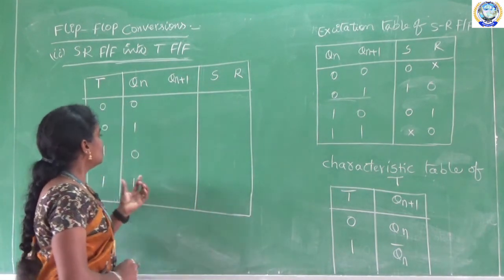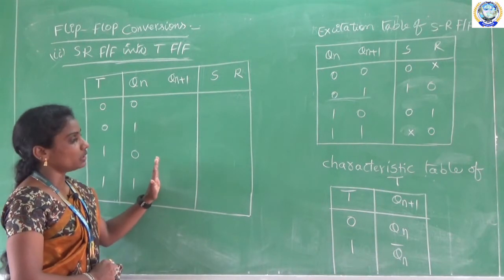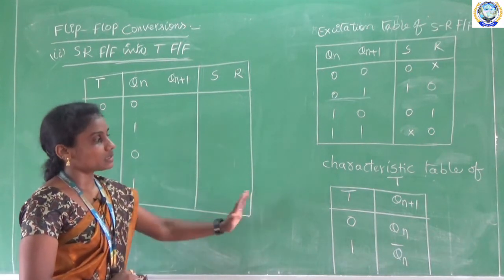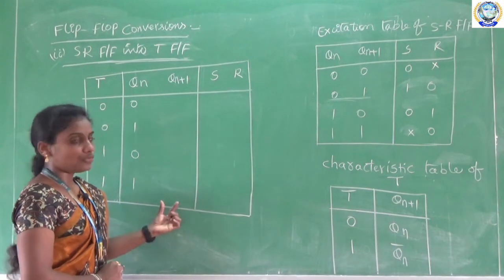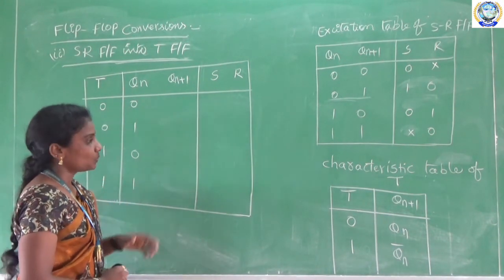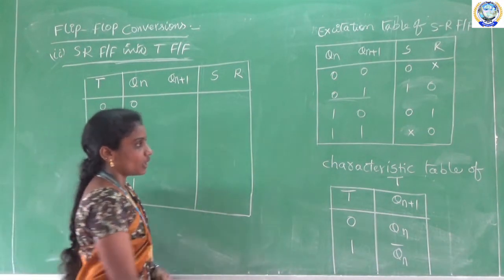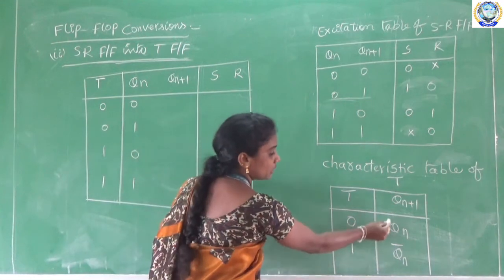So how to write the next state here in the conversion table? Based on the characteristic table of the T flip-flop, first we will define the next state here, Qn plus 1. Now when T equal to 0, what is the next state? From this characteristic table, it is equal to Qn.